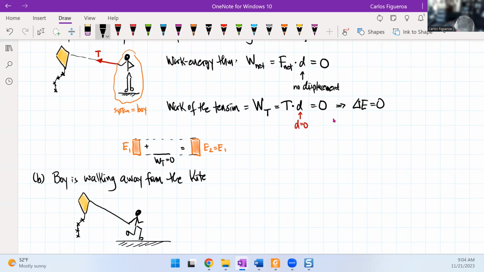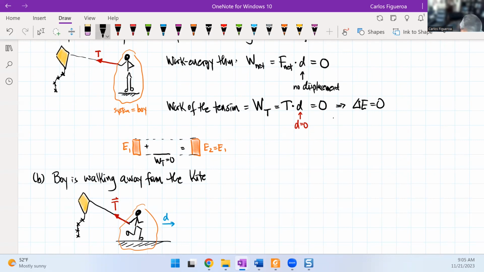So what I'm seeing here is that, again, I look at my system, and my system is my boy, and you can see here that I definitely have a tension force, and in this situation, I have a displacement that actually goes to the right.